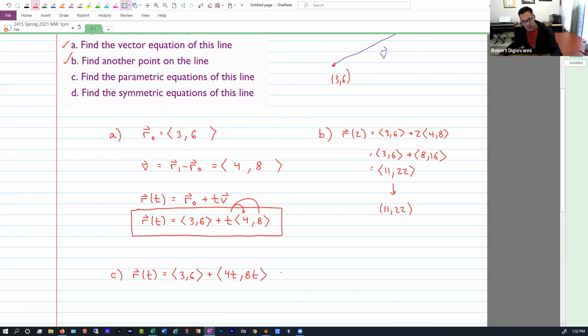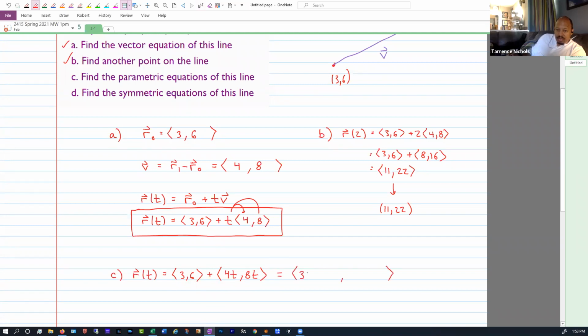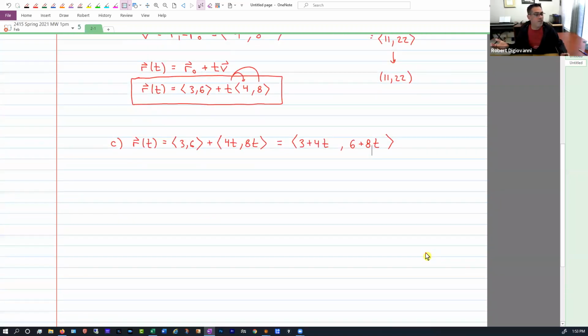And then Terrence, this is where if we were to add these two vectors together, you just add the components, right? So what would the new vector be? It would be 3 plus 4t. Yep. And 6 plus 8t. Yep. Okay. Now, this is just a very simple thing at this point.